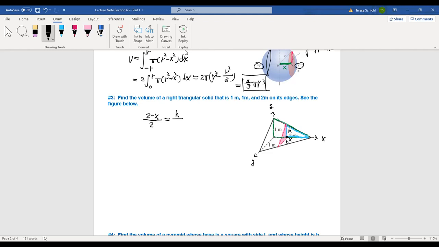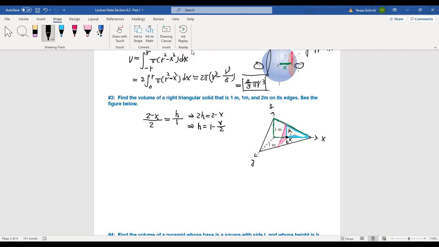So 2h, doing a cross product, equals 2 minus x, so h is equal to 1 minus x over 2.